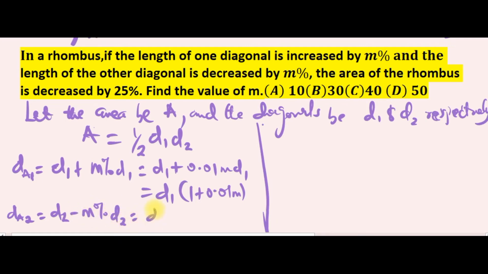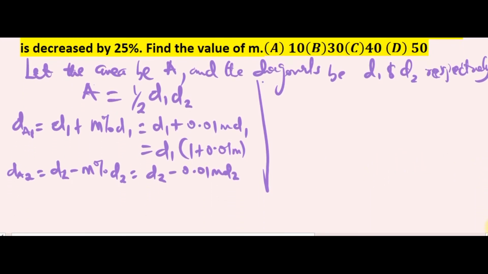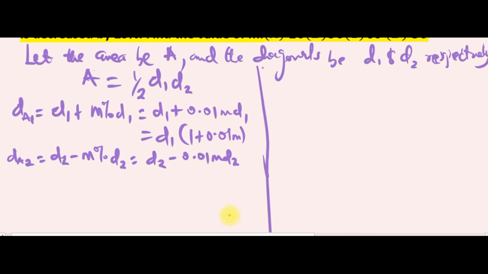So that is D2 minus 0.01 m D2, which is D2 times bracket 1 minus 0.01 m. So that's after decreasing by m%.